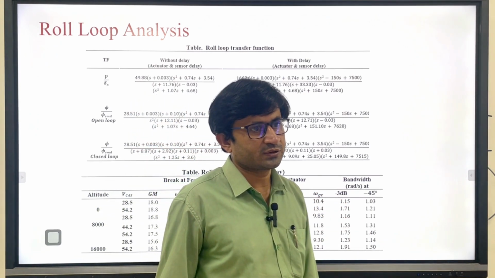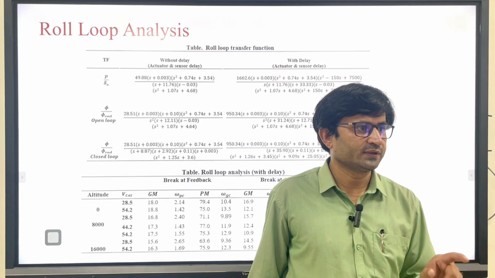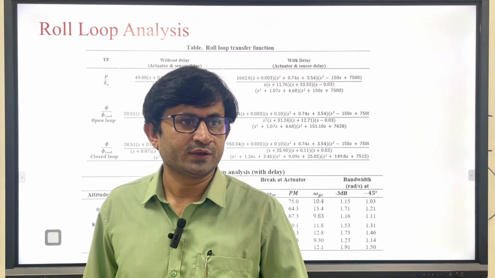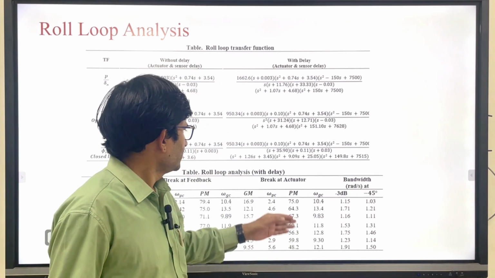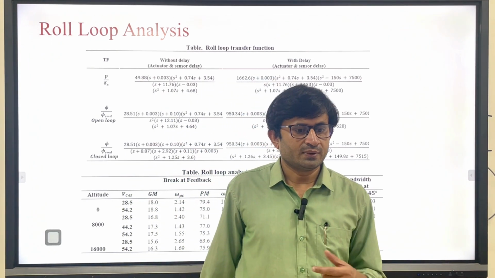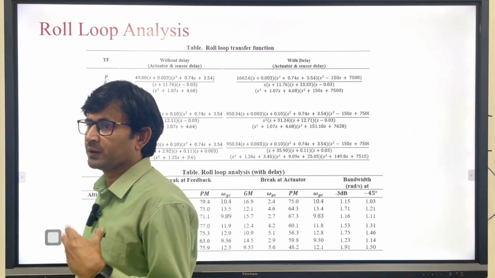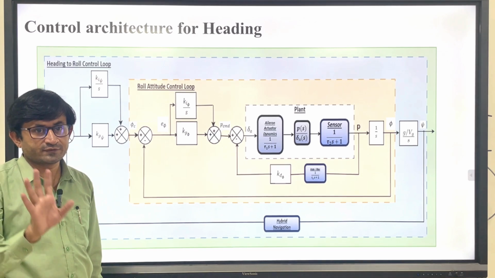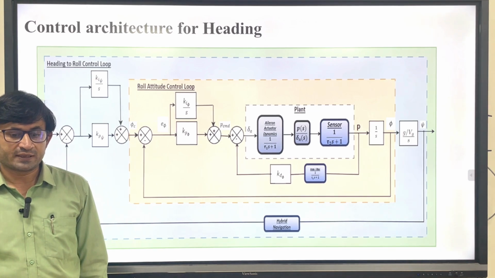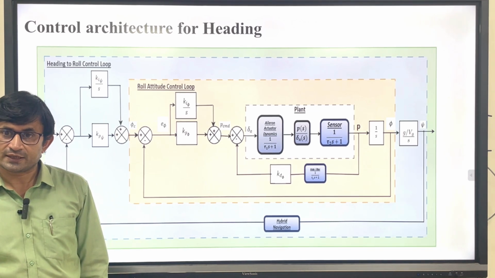Break at actuator means you are dealing with the innermost loop, with delta A into the P type loop, and when you take the feedback of phi, you break the feedback and you can plot the gain margin and phase margin. Remember that gain margin and phase margin are things for the open loop case. It is very important. People generally confuse break at feedback and break at actuator.